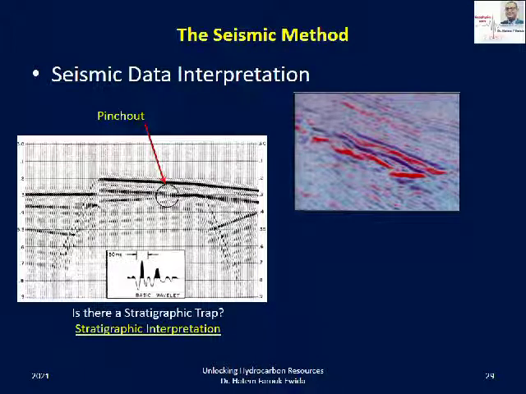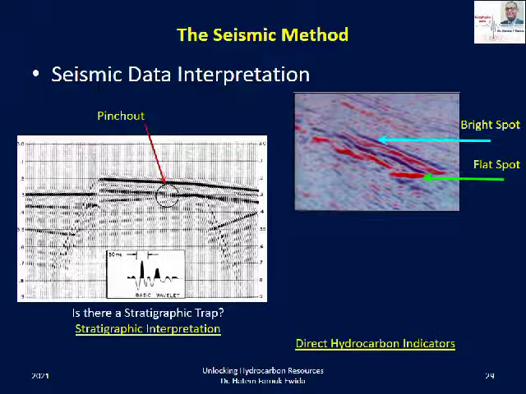If you take a look at these pictures that I have here, this is part of a seismic section, and in this part you have faint reflection, but here you have bright reflectors. This is what we call bright amplitudes, and this one we call a bright spot. And if you take a look at this one with the green arrow, we call this a flat spot. The flat spot actually is not a subsurface reflector.